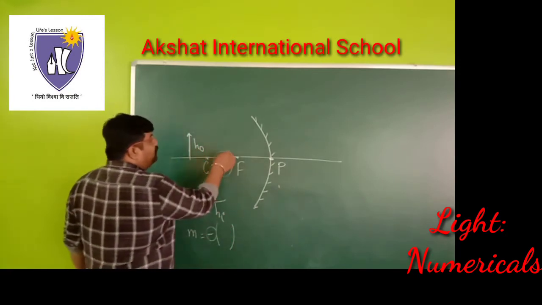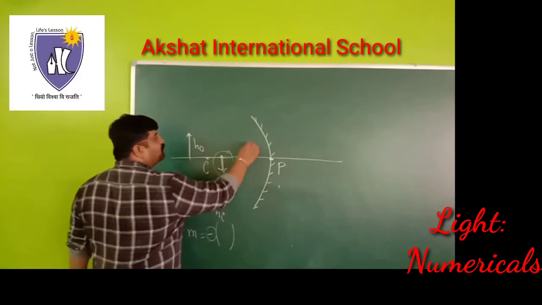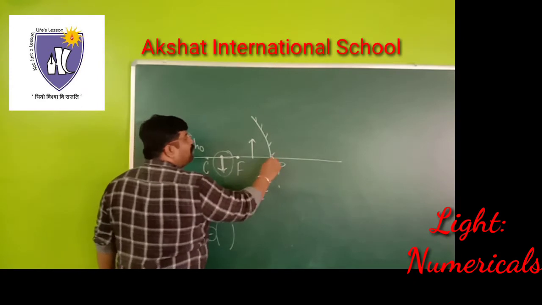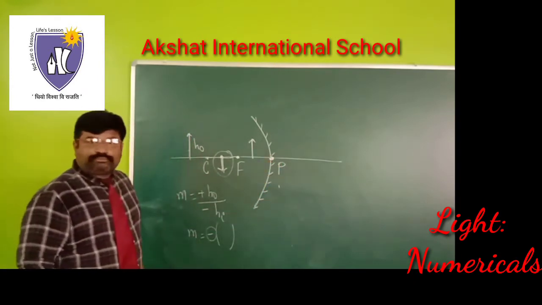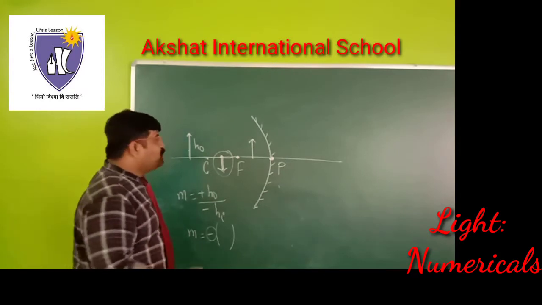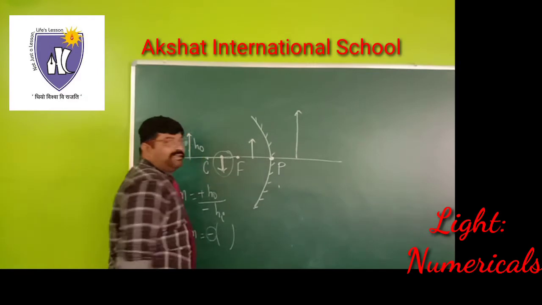Okay. Similarly, let's see for the virtual image. This is the only case when the object is kept between pole and focus. This is the only case in which the image formed is virtual and erect.